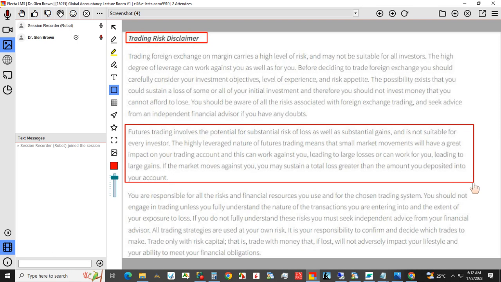And yes, this can work against you, leading to large losses, or can work for you, leading to large gains. If markets move against you, you may sustain a total loss greater than the amount you deposit into your account.